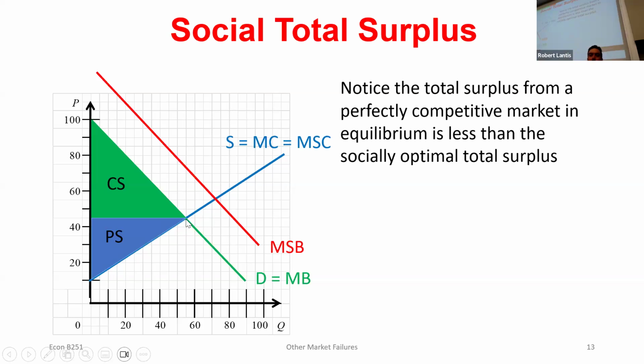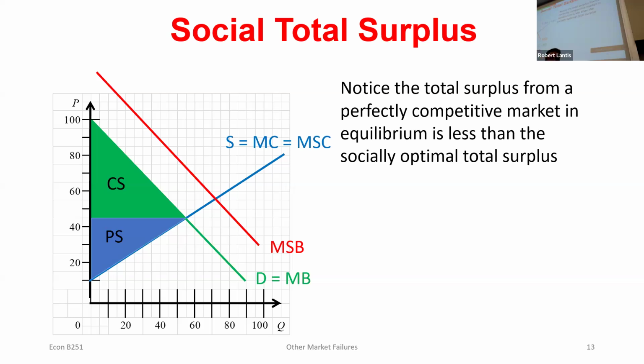Well, when the market stops at this quantity of 55, for all those 55 units, what's also happening? We have a positive externality. When those units are produced and consumed in the market, society is benefiting, right? The consumers and producers have chosen 55, and for every single unit they produce and consume, there's going to be some external benefit to society.